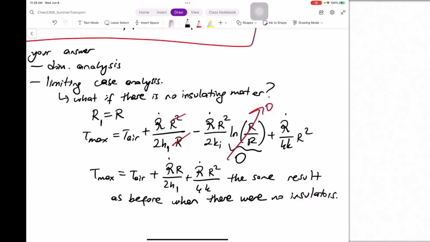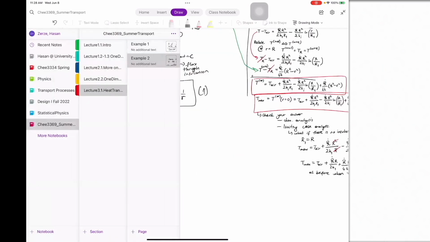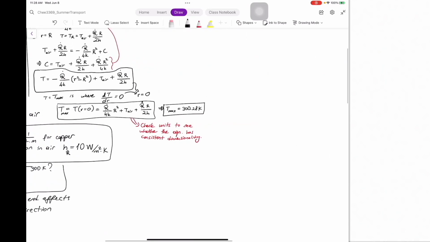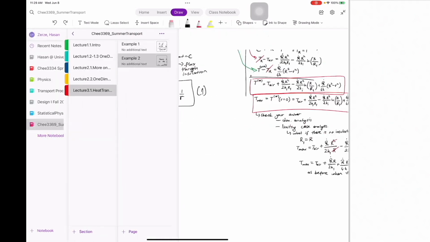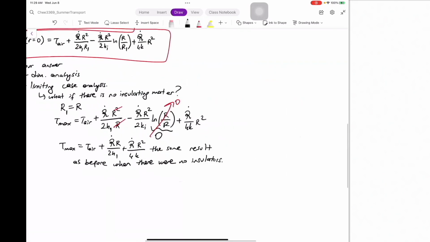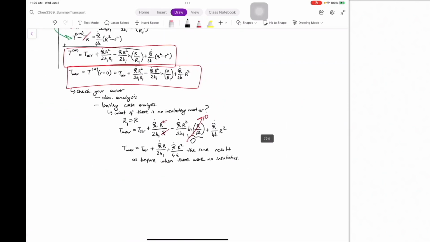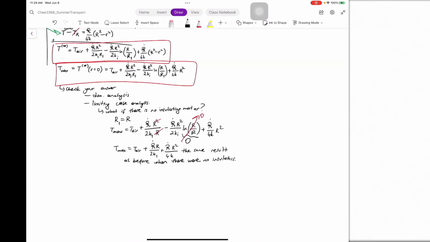Correct? Let's check. Was that the same? Okay, have a look at this expression. You have the T air there, fancy R dot R over 2H, fancy R dot R squared over 4K. So let's see. Yeah, it's the same equation. So that makes sense. So basically, limiting case analysis also suggests that we're not doing something actually wrong.